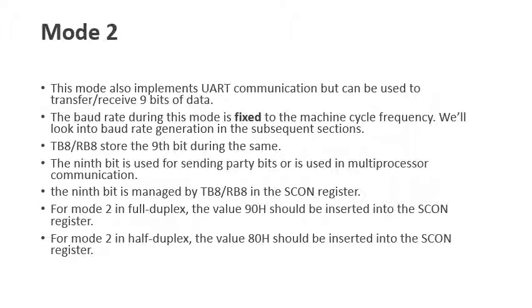The 9th bit is used for sending parity bit or is used in multiprocessor communication. The 9th bit is managed by TB8 and RB8 in SCON register. For mode 2 in full duplex, the value 90H should be inserted into the SCON register. For mode 2 in half duplex, the value 80H should be inserted into the SCON register.